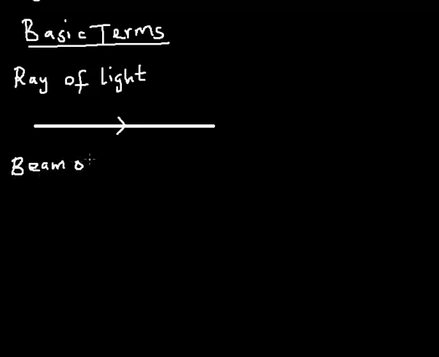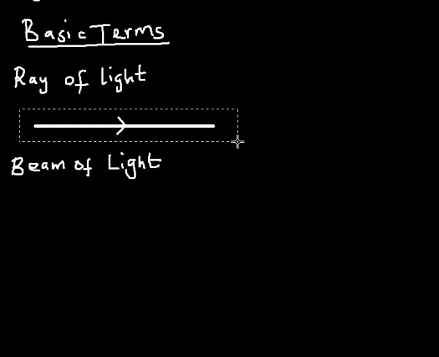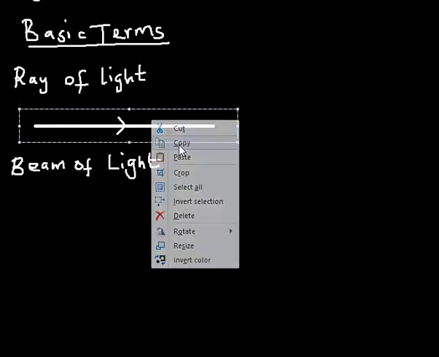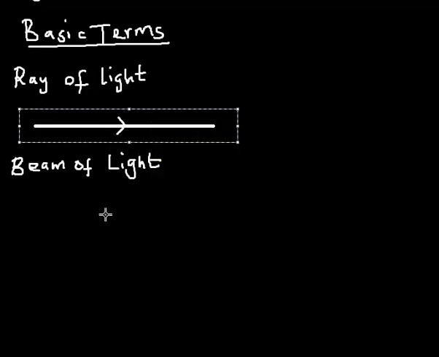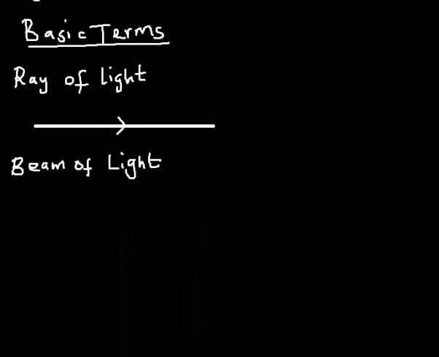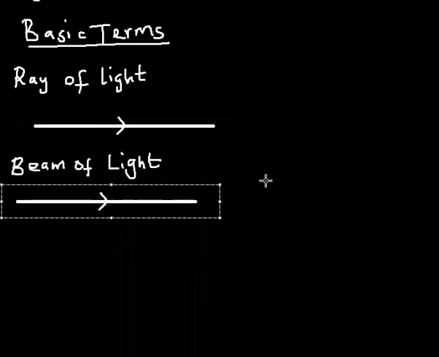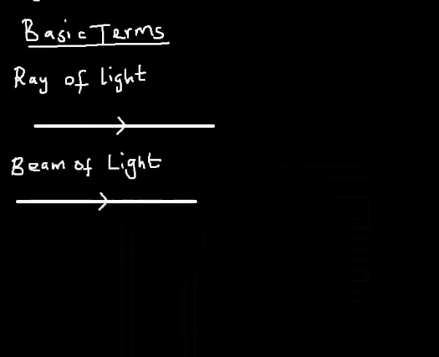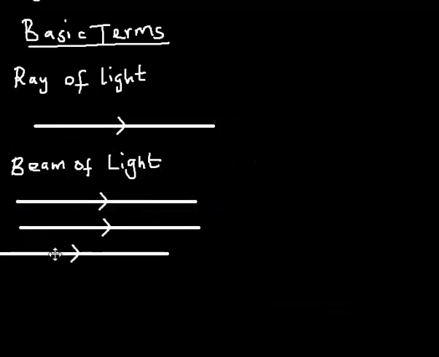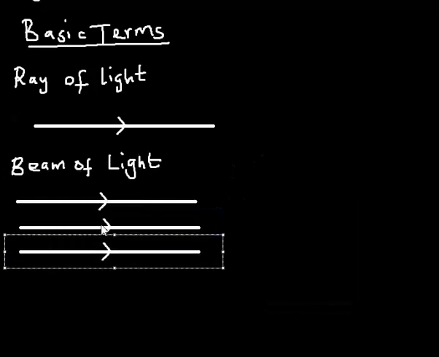A beam of light is made up of many rays of light, and is used to represent light coming from a very large source, like a satellite. Now this beam of light can be of different types. It can be a parallel beam, as you can see here, probably coming from a searchlight. So this is a parallel beam of light.